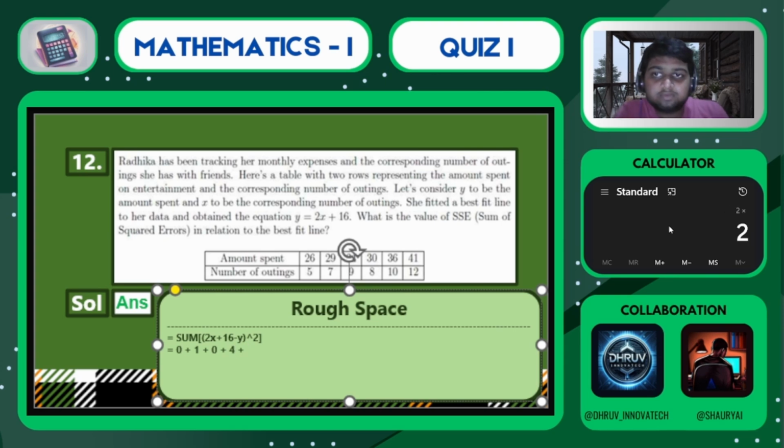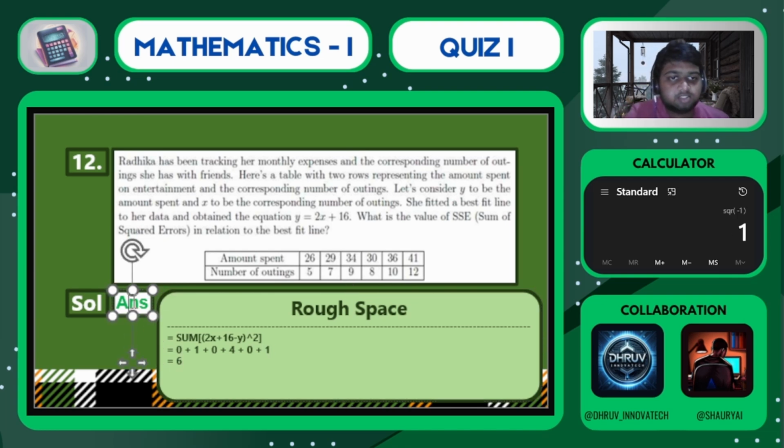Next 2 into 10 plus 16 minus 36 becomes 0. Plus 2 into 12 plus 16 minus 41 becomes 1, square becomes 1. So after addition you get answer 6. That's why 6 is your answer to this question.